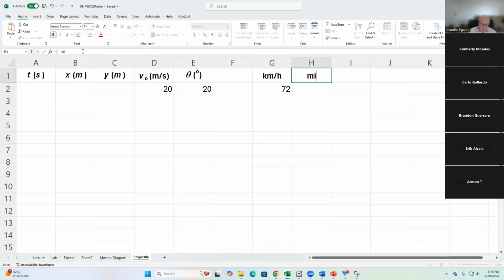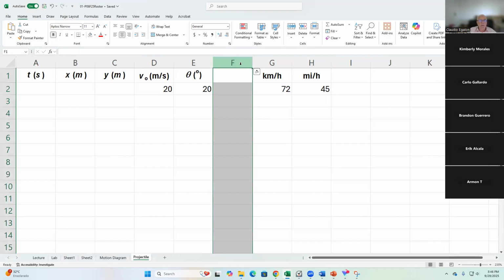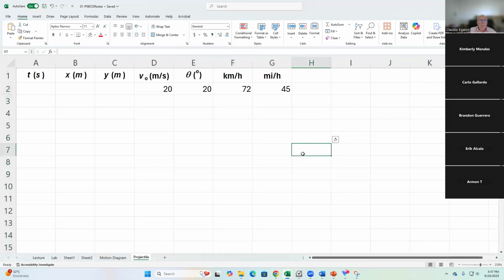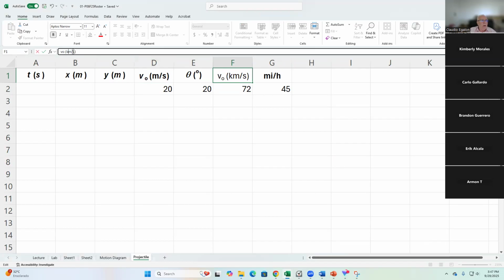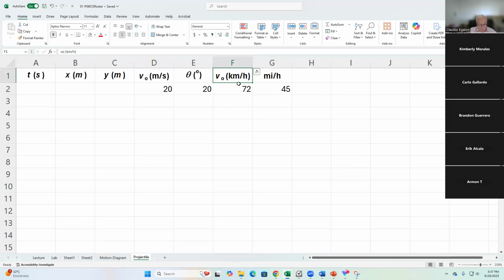And let's see how many miles per hour that is. 72 divided by 1.6. 45 miles an hour. That's what this initial speed is all about. Seems reasonable, right? It's not ridiculously fast.